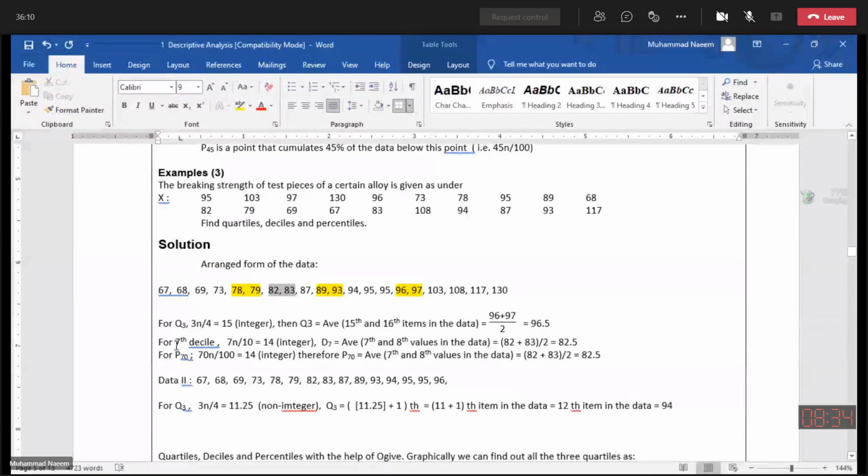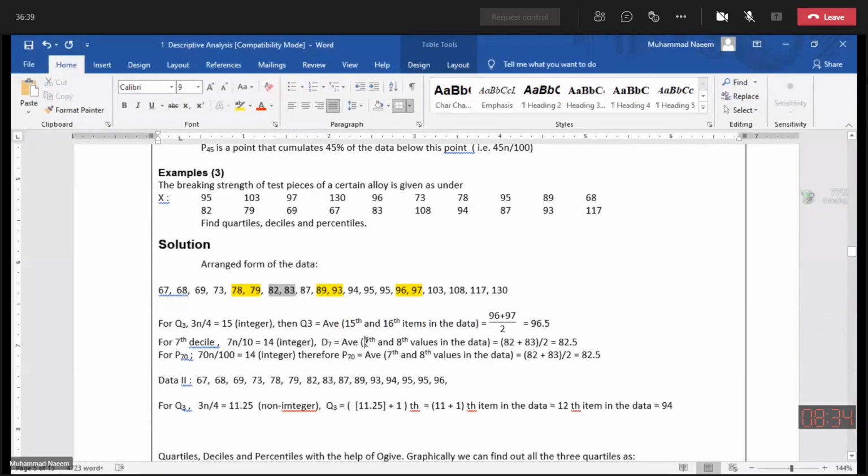Okay, for D7, first of all find the ratio, whether it is integer or non-integer. Again we have an integer, so D7 is the average of the 14th and 15th values in the data. What is D7 by 10? Yes, 14.